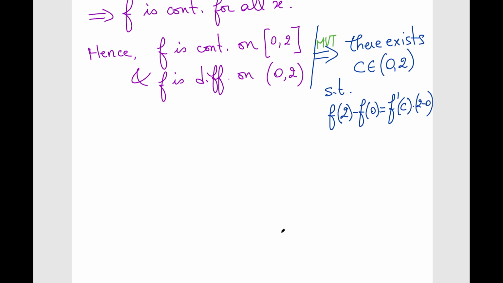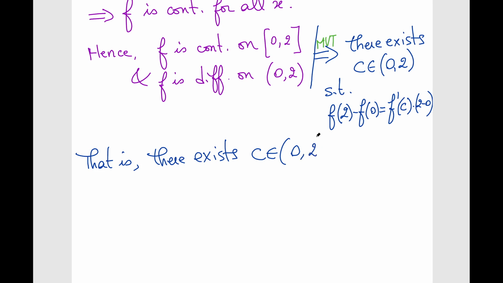All right. What does it mean? So there exists c between 0 and 2 such that f of 2 minus f of 0. Let's actually write it immediately. What's f of 2?